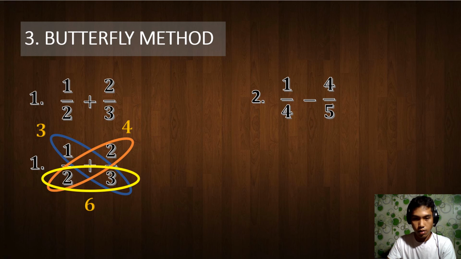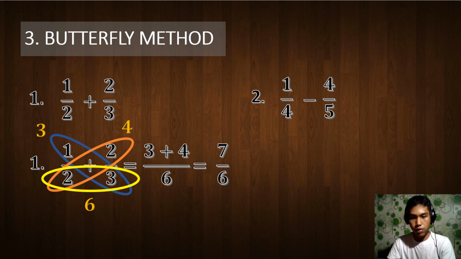So the illustration shows a butterfly figure. That's why it is called the butterfly method. Then just copy 3 plus 4, then copy the denominator. So 3 plus 4, that would be 7 over 6.